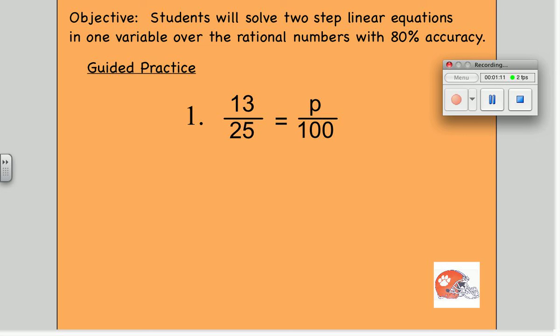Here we go. We're solving a percent problem here, and I can see that because I have P, and it doesn't matter what the variable is. P could be anything, but I have P over 100, and I know all percents are out of 100, right?